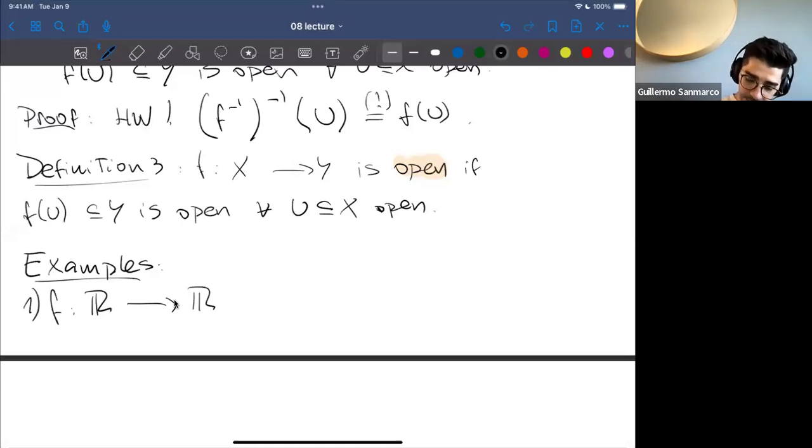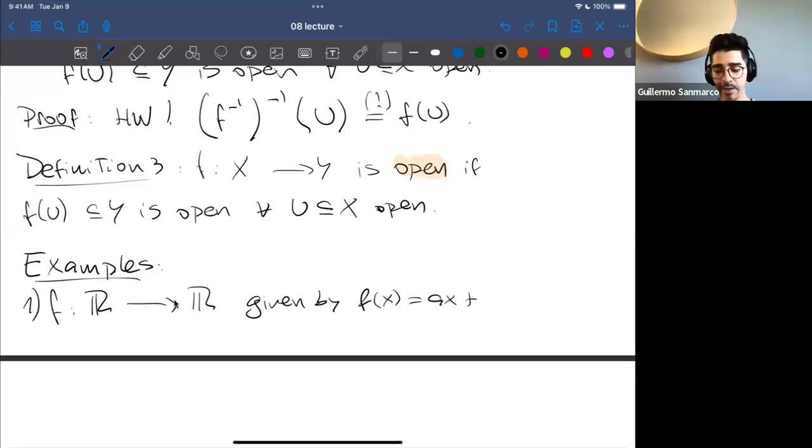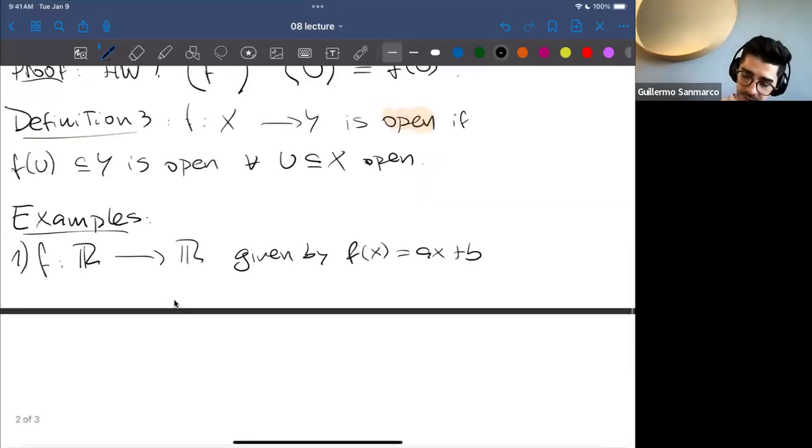So let's take this function given by, I want a linear map: f(x) is going to be ax plus b. But I want this function to be invertible, so let's say a is non-zero. Then this map is continuous.